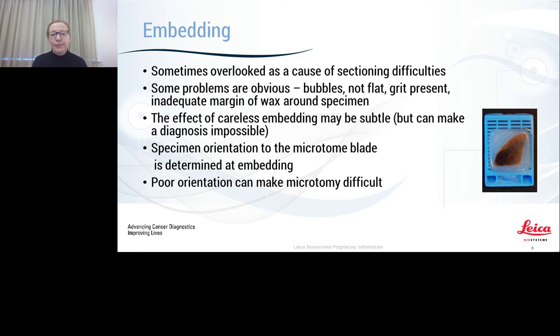But the effect of careless embedding can be very subtle, and it can make cutting very difficult. So you need to orient the specimen carefully in regards to where the microtome blade is, and this is determined at embedding. So an awareness of how the block will be placed in the microtome in your particular laboratory is really important for the embedders to know.